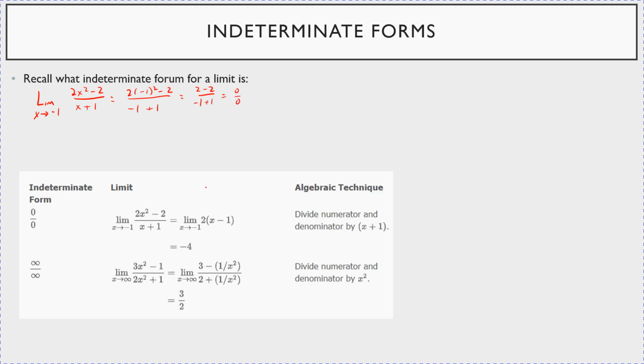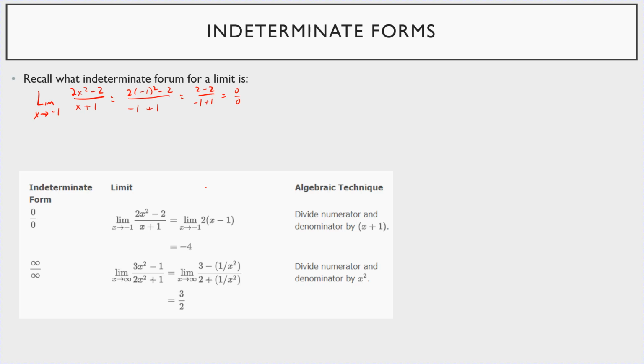And what we learned in previous lectures was that when you get this indeterminate form, generally you can do something to evaluate the limit. In this case, there was something called the dividing out technique, and other indeterminate forms are things like 0 over 0 or infinity over infinity.